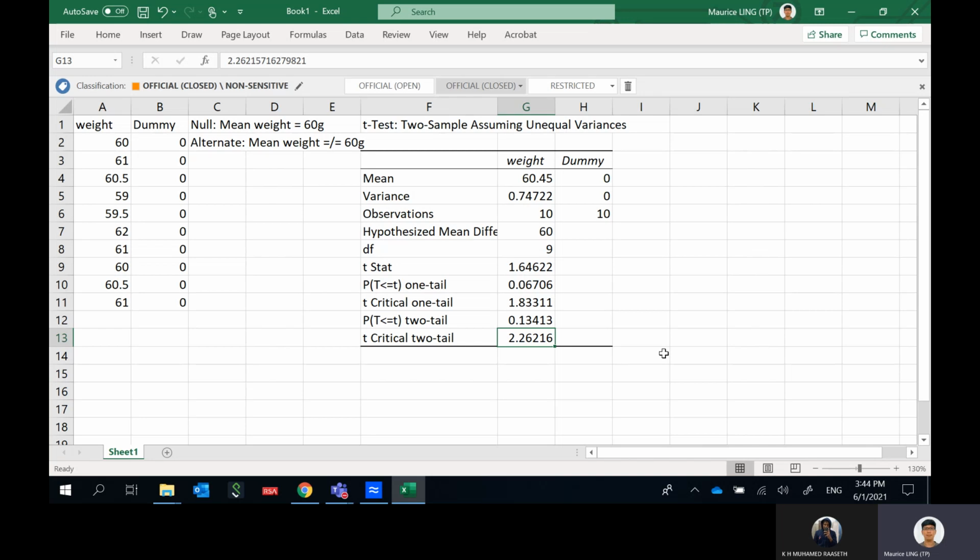Then, do you use equal variance or unequal variance? Which number is different then? You check which number is different.